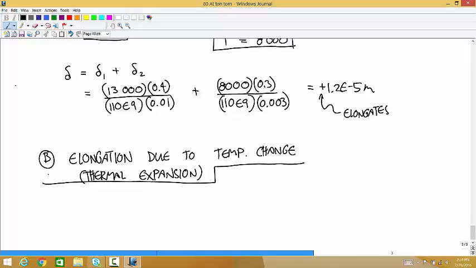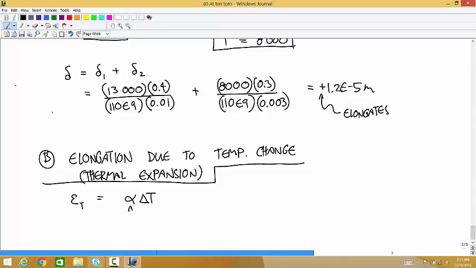And the deal with thermal expansion is you get every kind of normal strain in every direction, positive normal strains that go along with increases in temperature. If the temperature goes up, everything gets bigger. So the strain due to temperature is equal to a constant times the change in temperature.